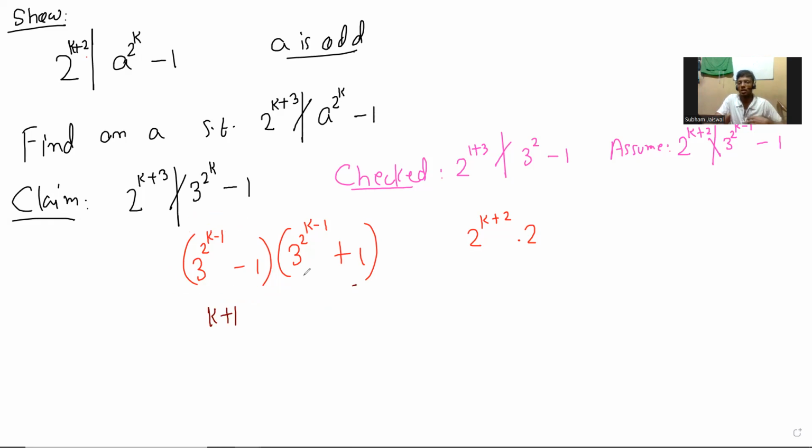But then if you want to show that the overall power is k plus 2 and not more, then you would want to show that this is divisible by 2, but not divisible by 4. Is this point okay?